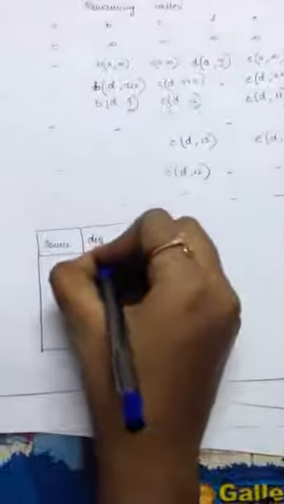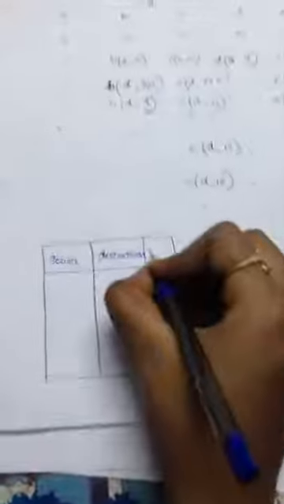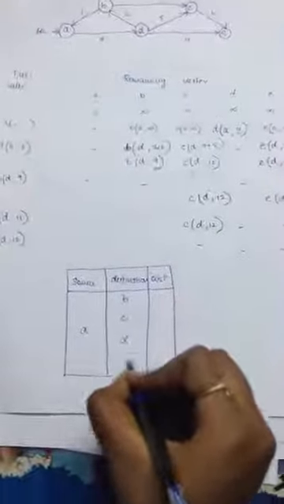Now to frame the table. The table can be framed using 3 columns: source, destination and cost. So our source node is A. From A we must access B, C, D and E. From A to B, B is accessed at a rate of 9.